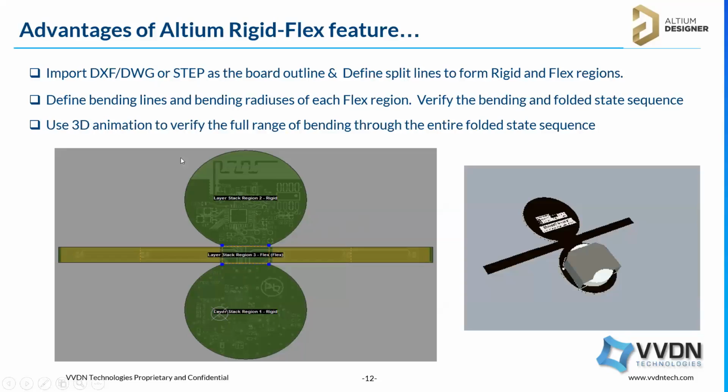Once you define the split lines, we can define the bending line, and we can also provide the bending radius for each flex region. After that we can verify the bending and folded state sequence. Once it's done, we can move to our 3D view and verify the range of bending through the entire folded state.